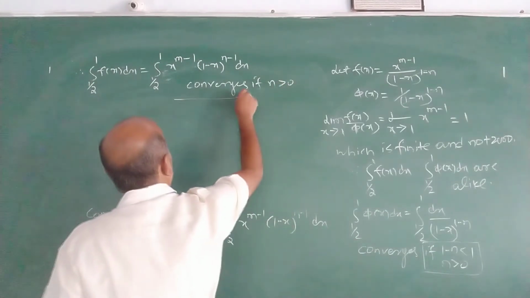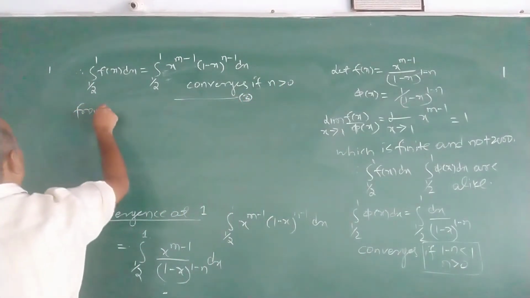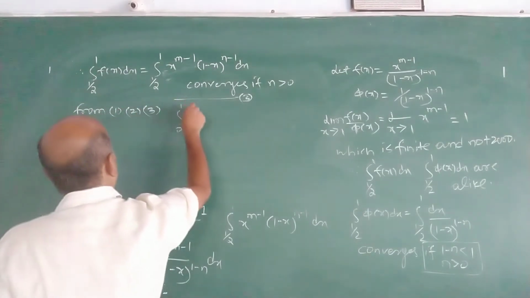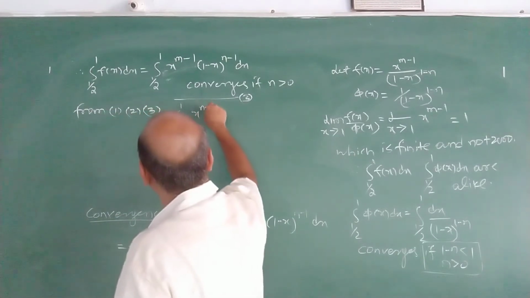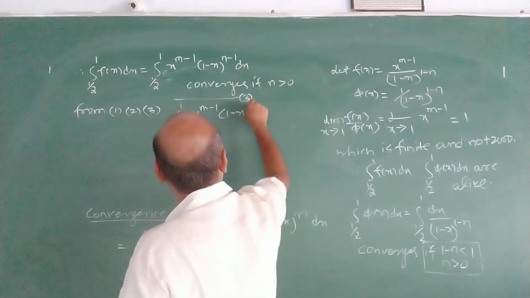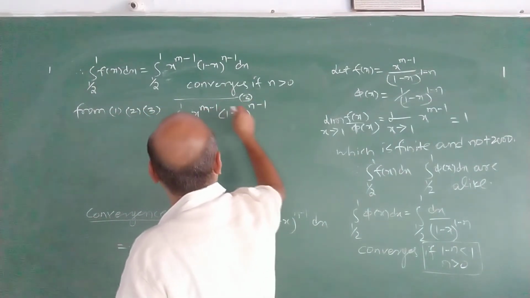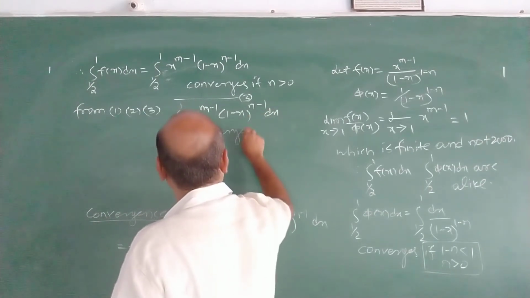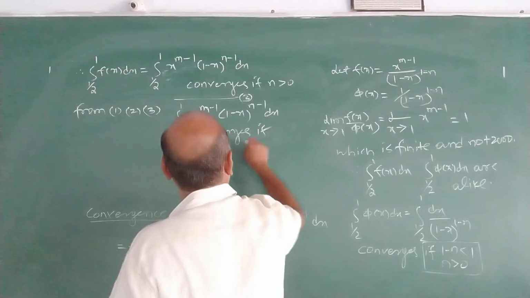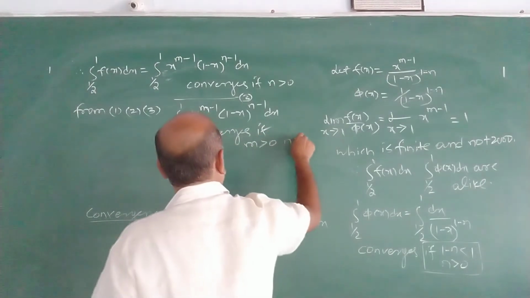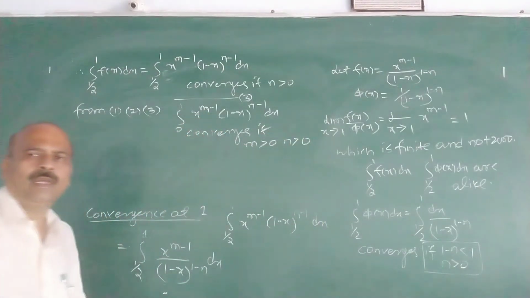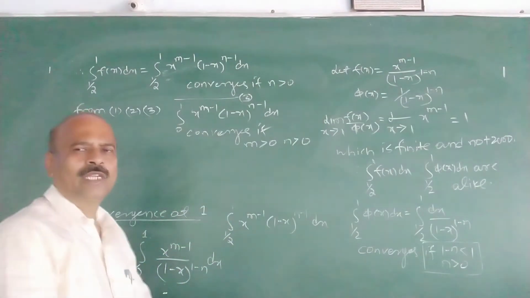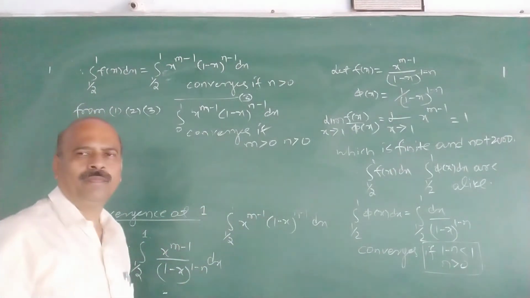Taking this together with 0 to half, from 0 to 1, the integral of x raised to m minus 1, (1 minus x) raised to n minus 1 dx converges if m and n are greater than 0. And it will be a function of m and n and is denoted by beta(m, n).